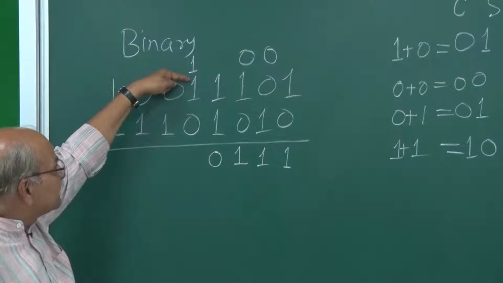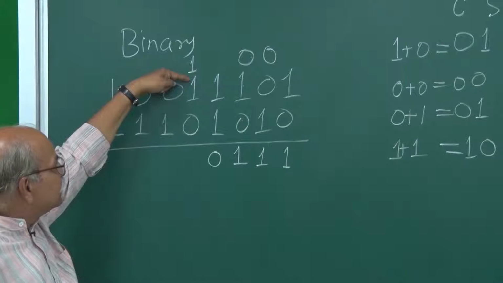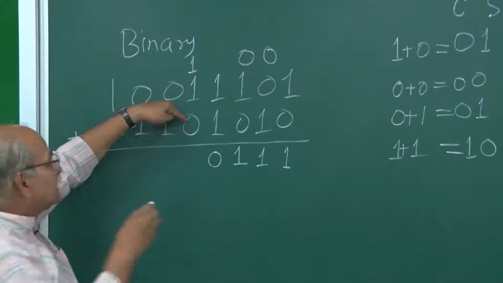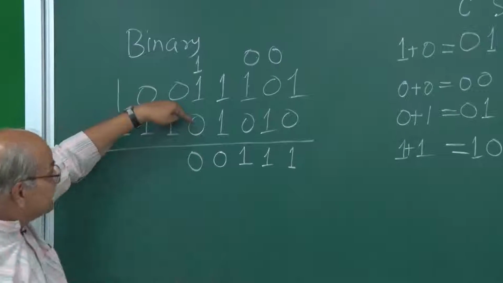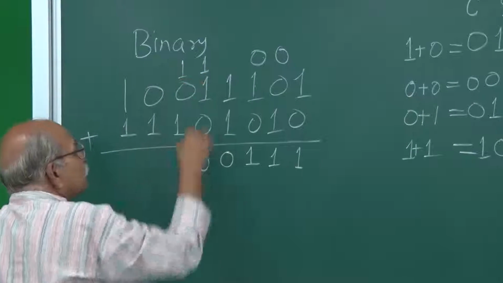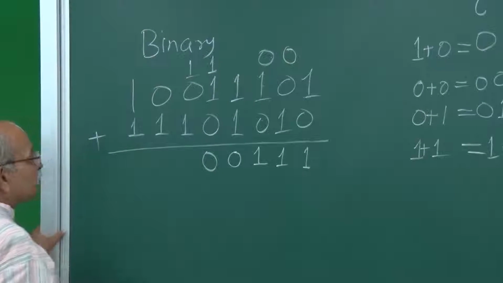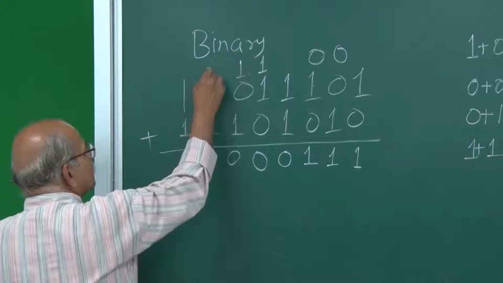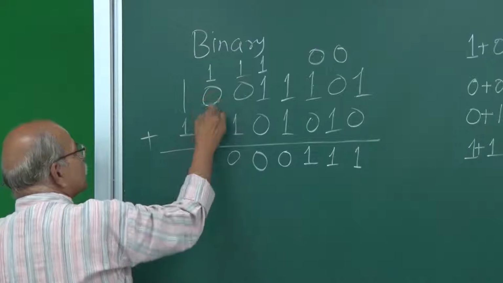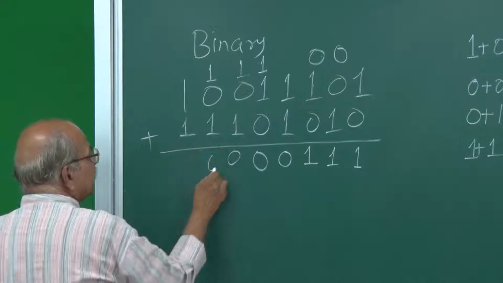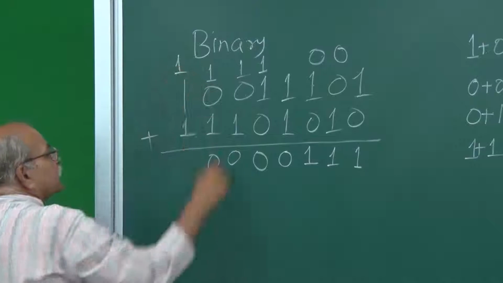So I have to remember that the sum is 0 and that sum is to be added here, 0 plus 0, and that is 0, and that carry still remains. So that carry goes here, and then 1 plus 0 is 1, and that 1 plus 1 is 1 0. So this 0 goes here, 1 goes here, 1 plus 0 is 1, 1 plus 1 is 0 here and 1 here.